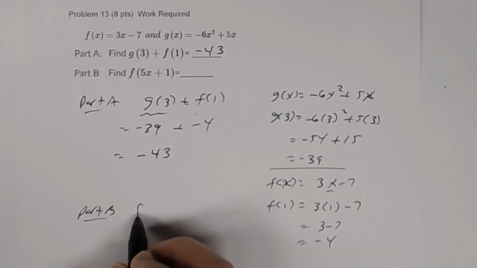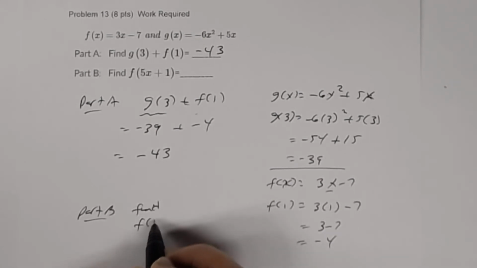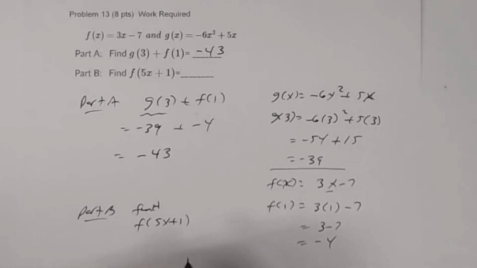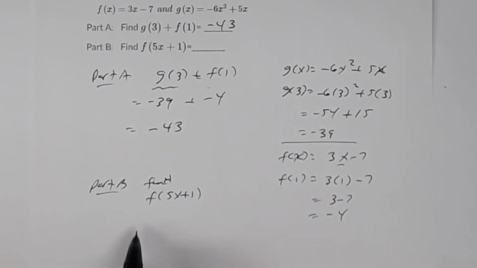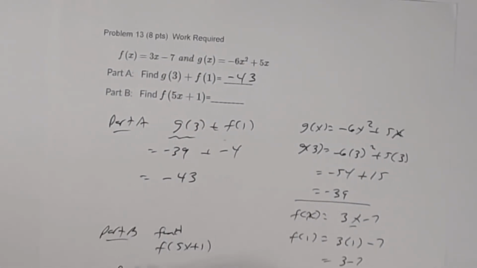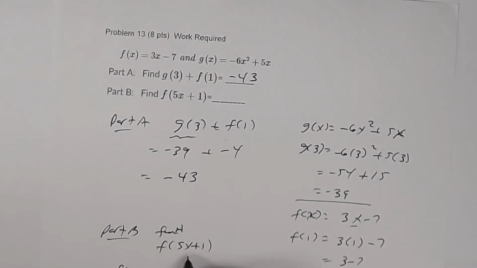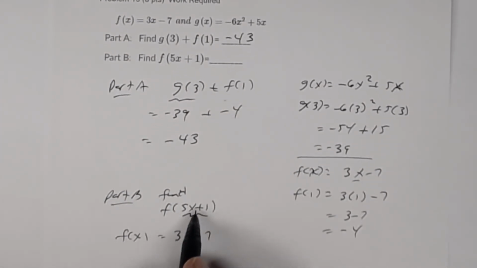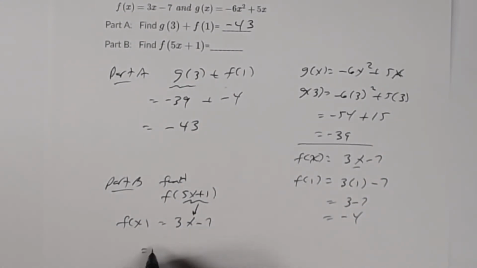In part B, you want to find f of 5x plus 1. So this time I go to my function f. Remember, this is your function f right here, 3x minus 7. And wherever we see the variable x, I'm going to substitute 5x plus 1. So it becomes 3 times, in parentheses, 5x plus 1 minus 7, right?